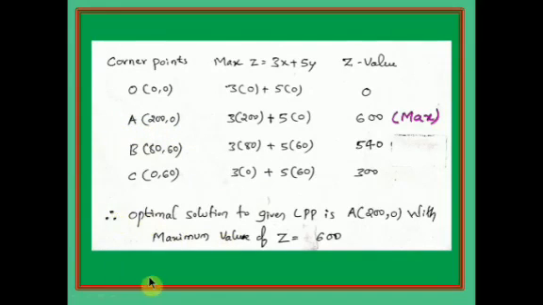Therefore the optimal solution to the given LPP is 200, 0, with the maximum value of z equal to 600. See, the maximum value is 600 over here, isn't it? So this is the solution of the given linear programming problem.